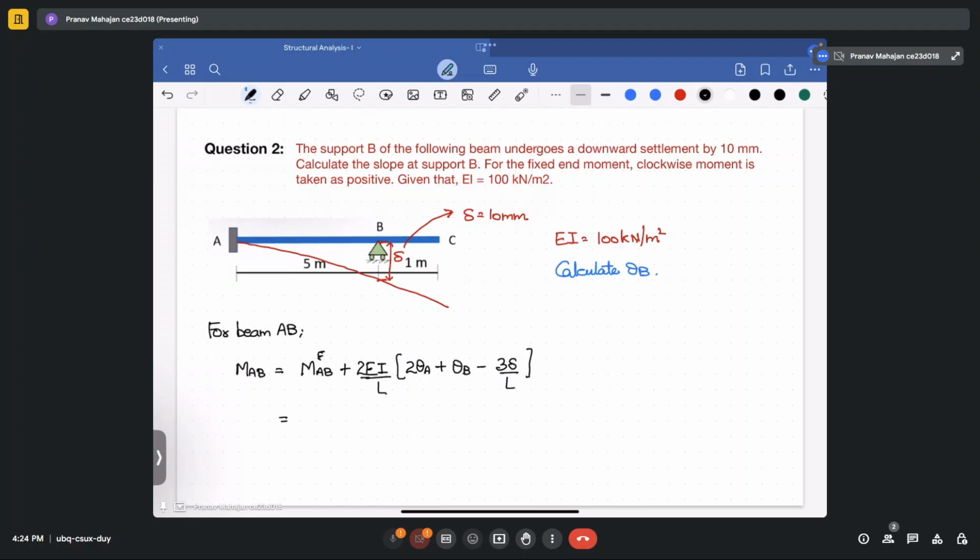Since there is no load at top and bottom, the fixed end moment will only come into picture when external load is applied.